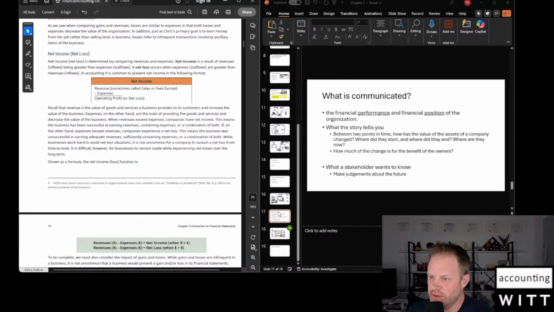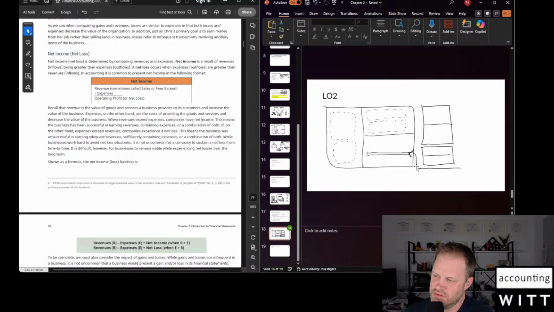So, in order to understand at a deeper level what these financial statements are, we need to be able to explain this picture.